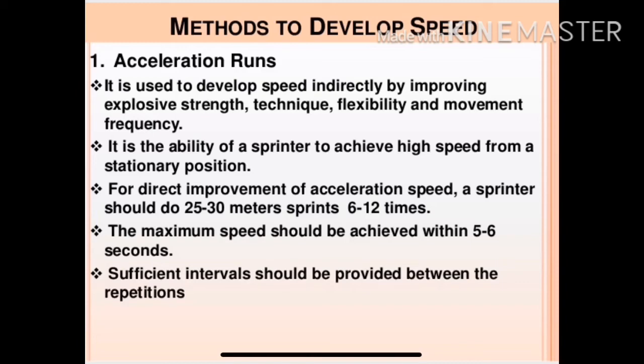For direct improvement of acceleration speed, a sprinter should do a 25 to 30 meter sprint 6 to 12 times. The maximum speed should be achieved within 5 to 6 seconds. Sufficient intervals should be provided between the repetitions.